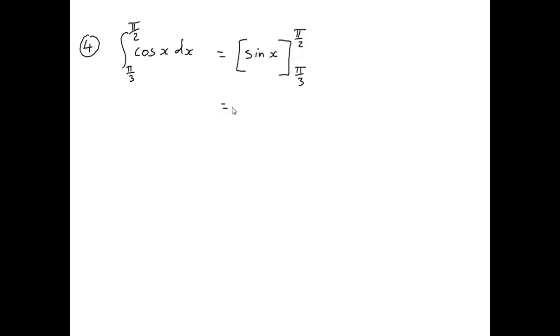What does that mean? Substitute the x's in. So upper limit sine(pi on 2) minus sine(pi on 3). Upper limit minus lower limit. Well, we know the sine of pi on 2 is 1. The sine of pi on 3 is root 3 on 2. So 1 minus root 3 on 2.